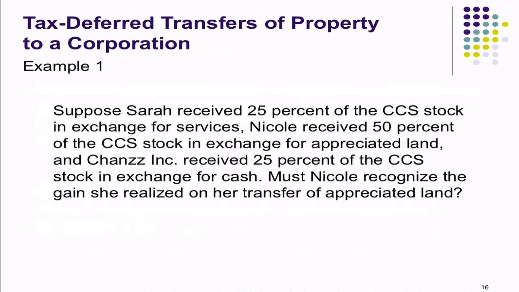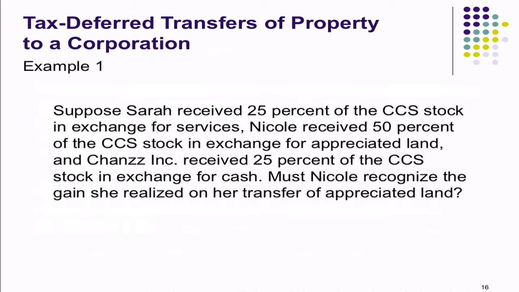Nicole gets 50% of the stock in the new corporation in exchange for land, appreciated land. And lastly, Chan's Inc., the corporate stockholder, gets 25% of the new corporation in exchange for cash. Okay, does Nicole recognize the gains she realized on her transfer of appreciated land?